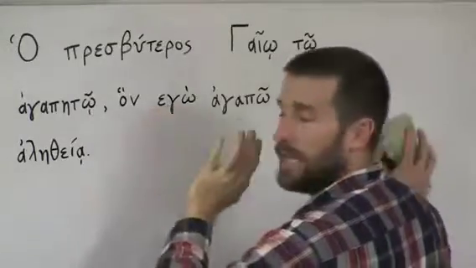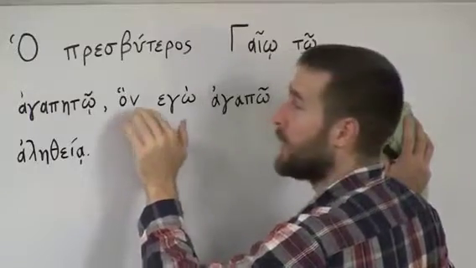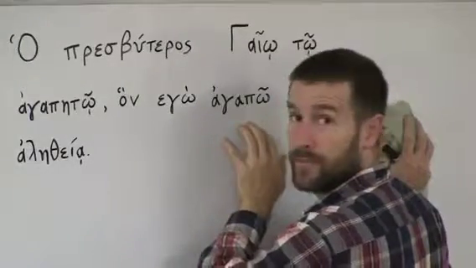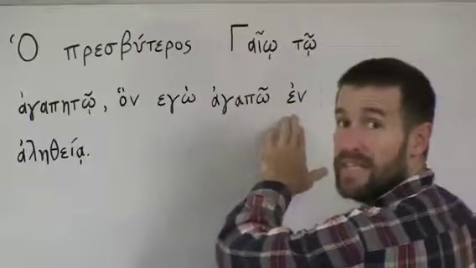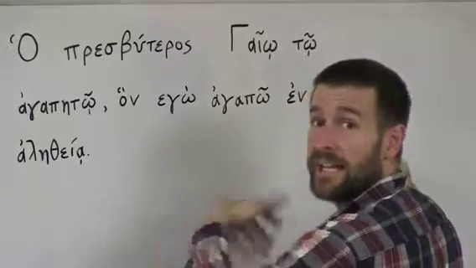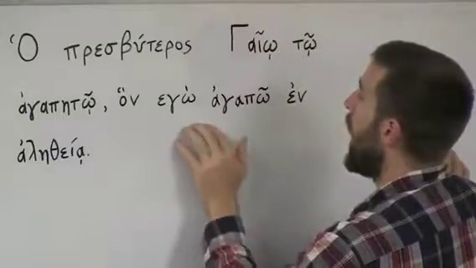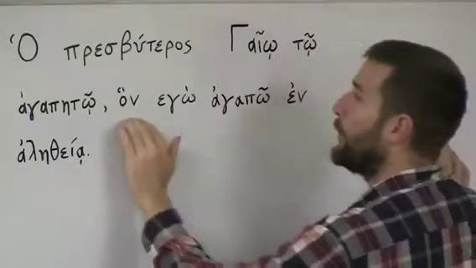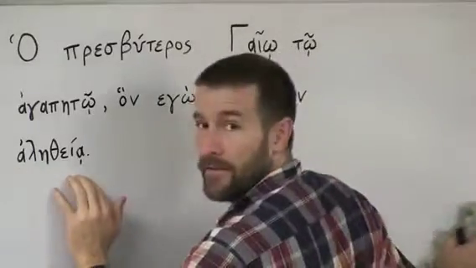Okay. In this case, this "on" here is basically saying whom I love. Okay. Whom I love. En means in, just like our first verse that we went over, John 1:1. En arche en o logos. On ego agapo en, whom I love in aletheia, the truth.